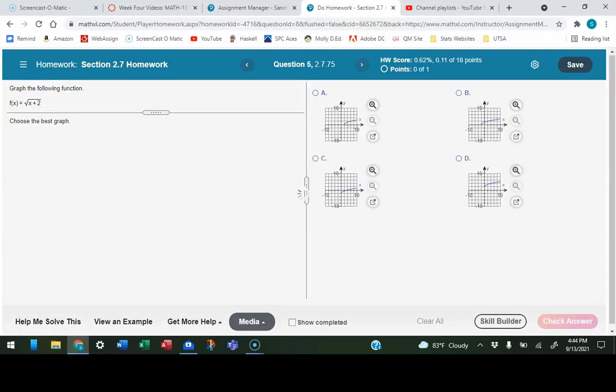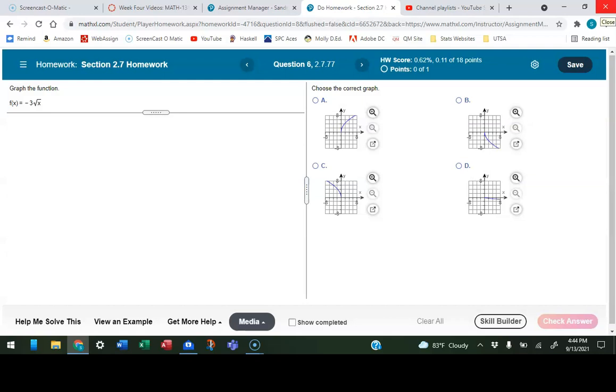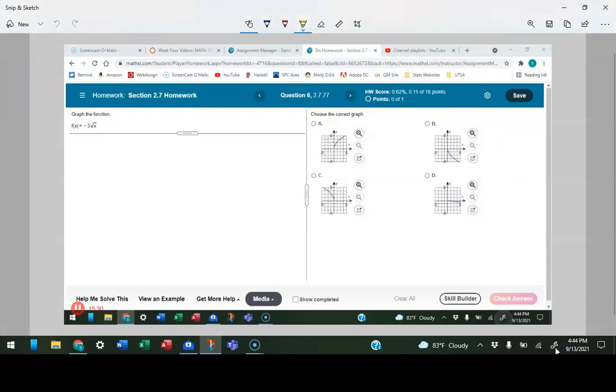Let me try and get a couple more done. I'm going to graph this function. What is your parent function? Once again, where's your variable? It's underneath a radical. Does it have any exponents? Not other than the 1/2. I could rewrite that as x to the 1/2. That's your parent function, which looks like this. Two things have happened.